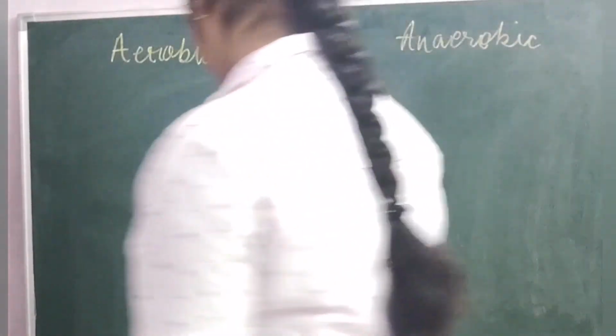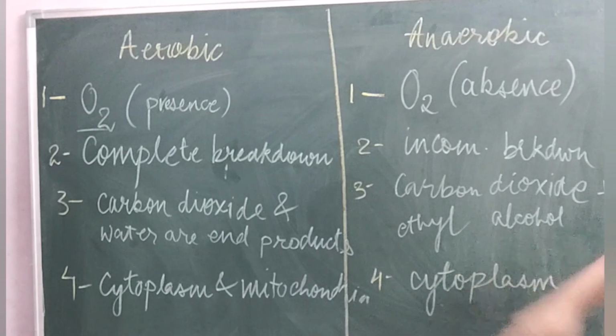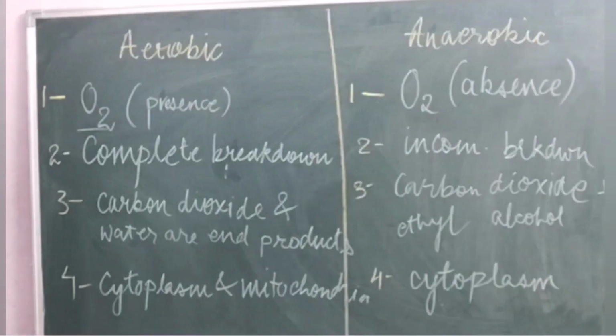So aerobic respiration, when oxygen is present they respire aerobically, when oxygen is absent then they respire anaerobically. The next point of difference between aerobic and anaerobic respiration is that in aerobic respiration the complete breakdown of glucose takes place, and in anaerobic respiration, the incomplete breakdown of glucose takes place.